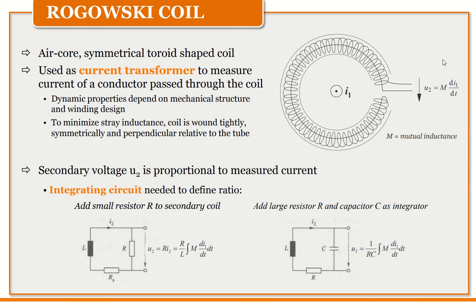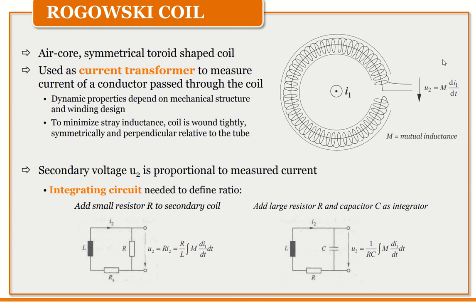So this is the characterization of the Rogowski coil. This is an air core, compared to the HFCT, high frequency current transformer, which is a ferromagnetic core sensor. This is a symmetrical toroid-shaped coil used as a current transformer to measure the current of a conductor passed through the coil.